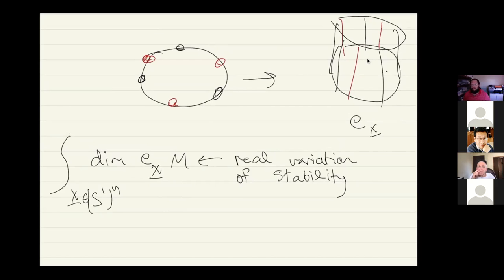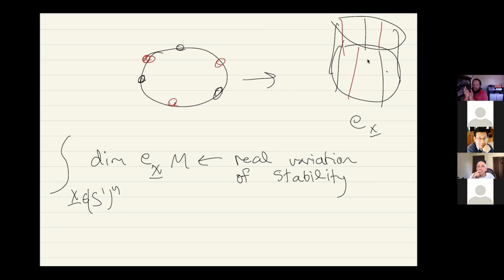As those two red points come together, the order of vanishing is how many black strands are trapped between those two red guys.